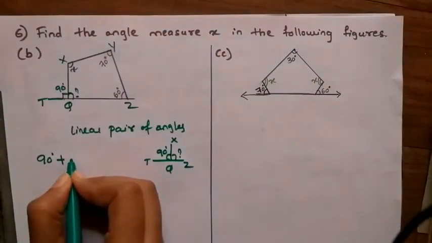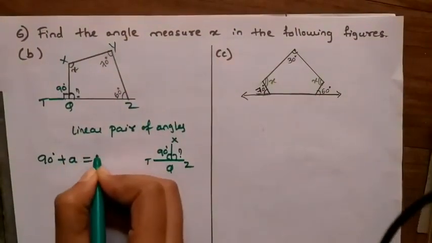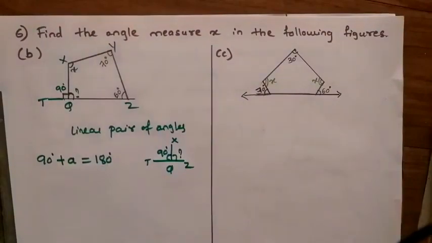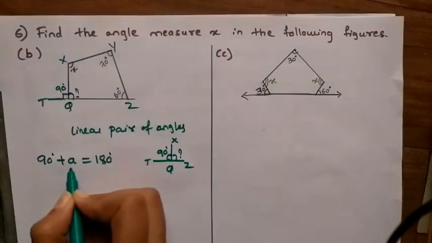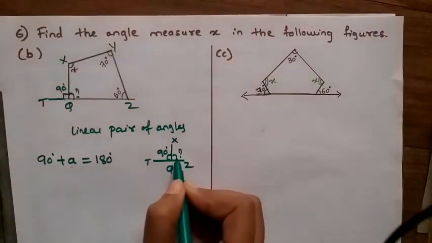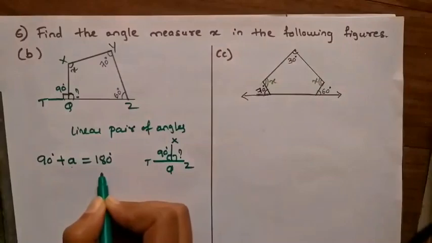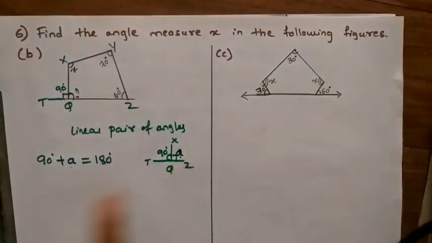I'll give the name a, which is equal to 180 degrees. 90 degrees plus a is equal to how much? 180 degrees.